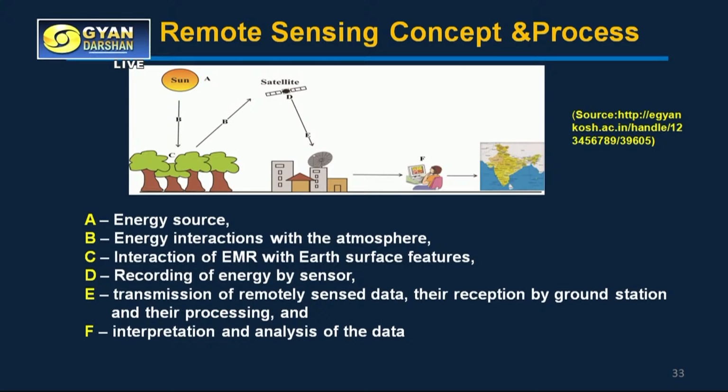And F, that is the interpretation and analysis of the data. So when we discuss remote sensing, we should discuss the electromagnetic spectrum.